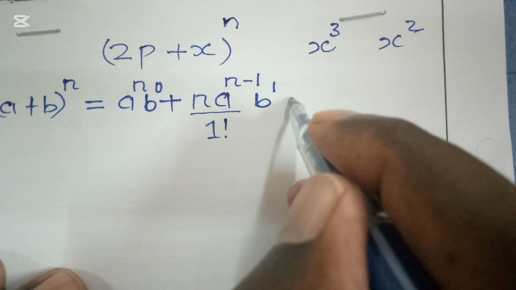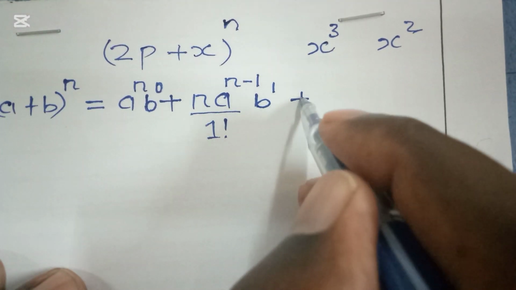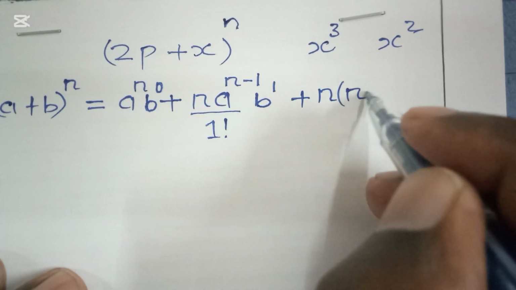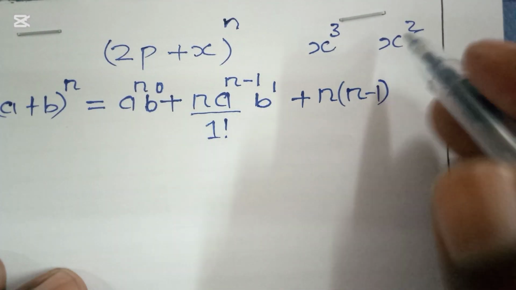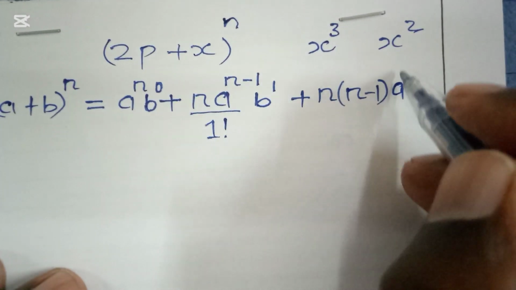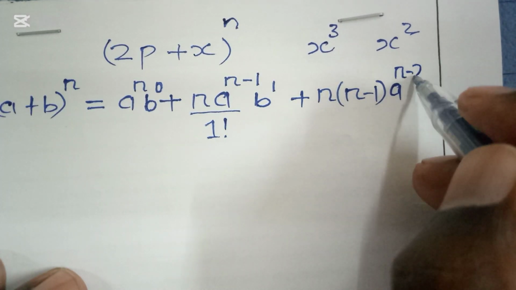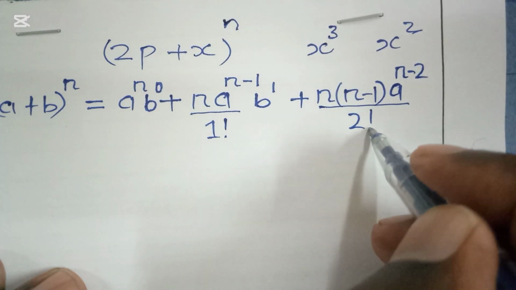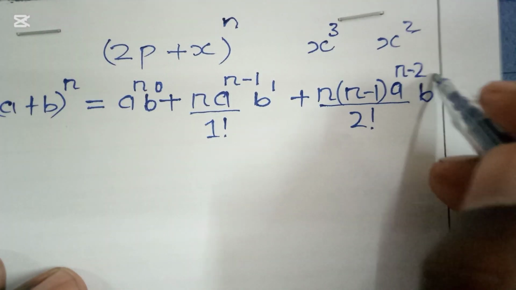Then we also have plus n(n minus 1) a raised to n minus 2 all over 2 factorial, b raised to 2.